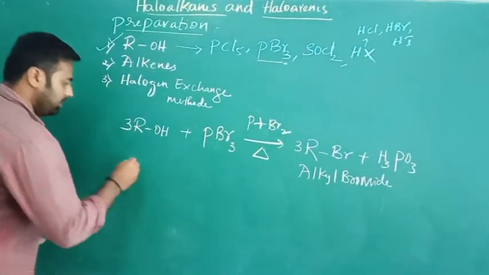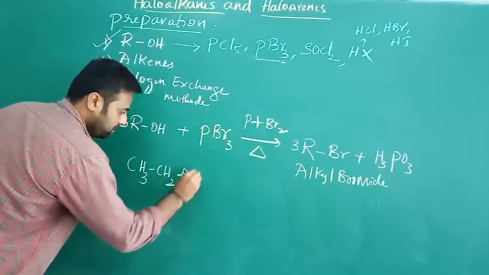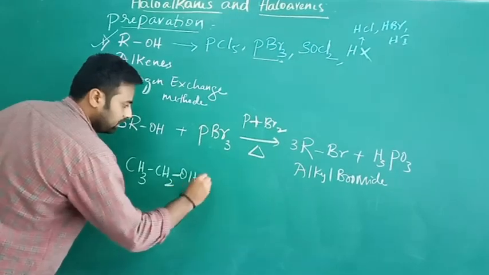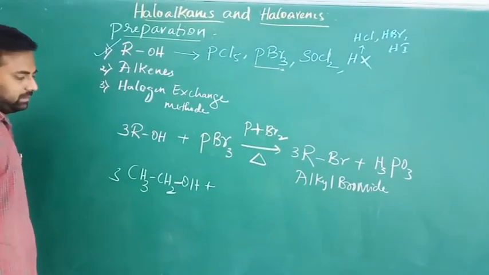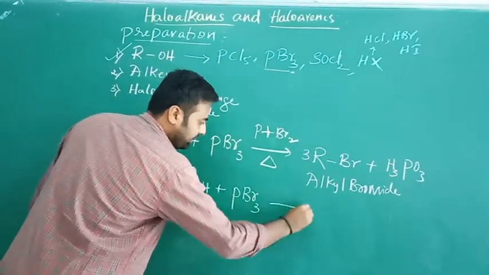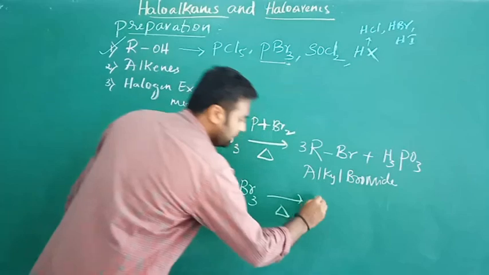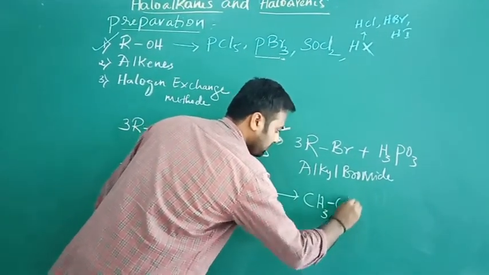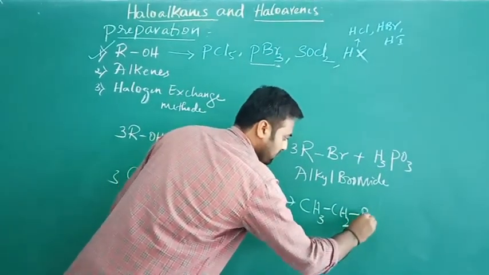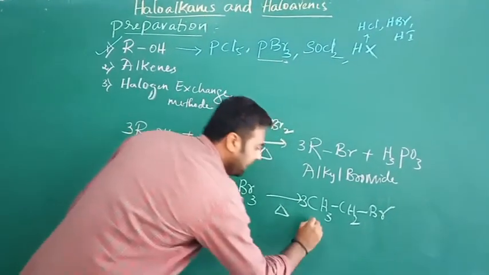If I take ethyl alcohol as an example, CH3CH2OH, 3 molecules of ethyl alcohol heated with phosphorus tribromide give 3 molecules of ethyl bromide.